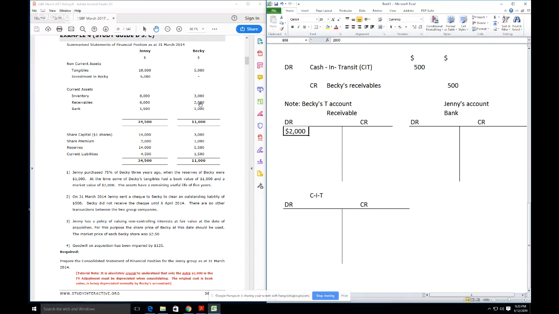We have 2,000 here, which is in order with this 2,000, because I need you to understand the concept. Then for Jenny, we have bank 5,500, which is an asset. In note 2, it says Jenny sent a check to Becky to clear an outstanding liability of $500. Meaning the bank T account has already been credited $500.